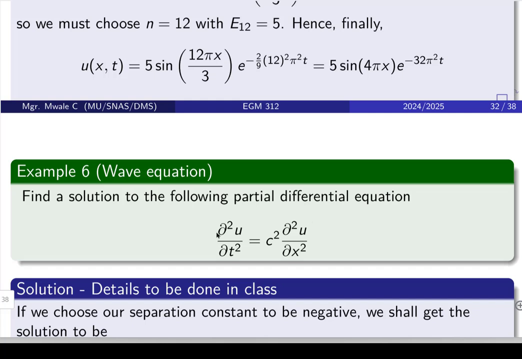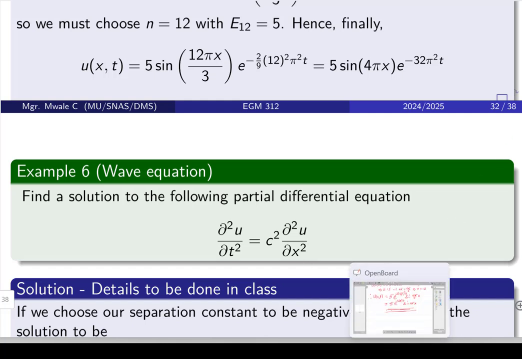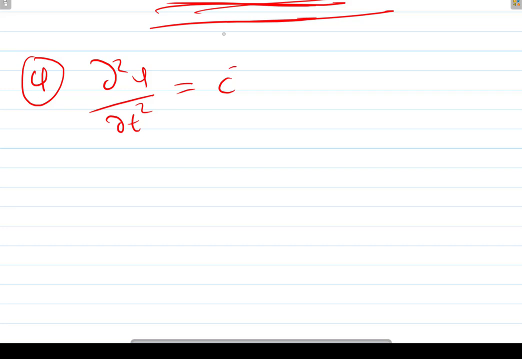So let us try to do it. So this is u_tt equals c² u_xx. Let us go to the board. This one is maybe number 4 for today. So this is u_tt equal to c² u_xx.